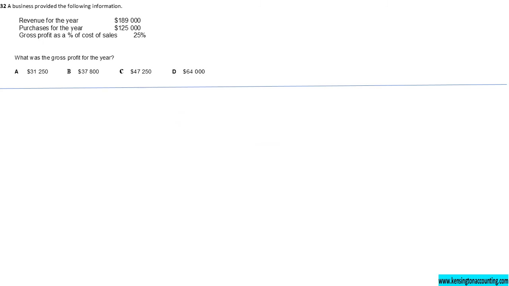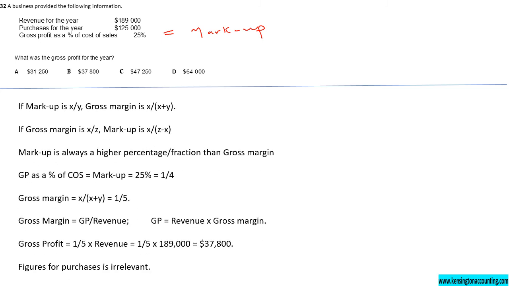Question 32 is about ratios. We have been provided figures for revenue, purchases, and gross profit as a percentage of cost of sales. Now gross profit as a percentage of cost of sales is another name for markup, because markup is gross profit divided by cost of sales times 100 in percentage. Now a quick recap.